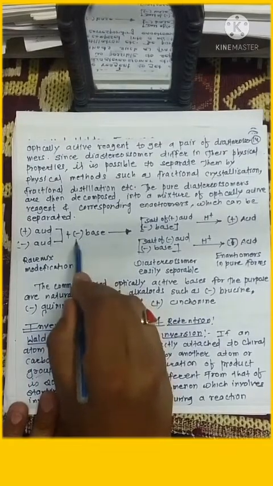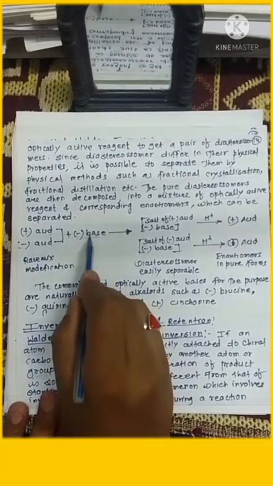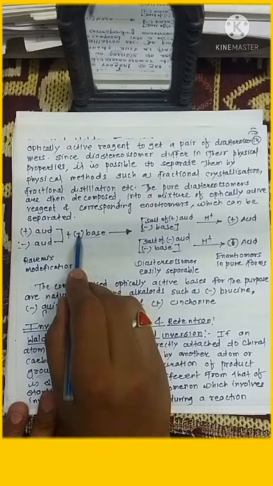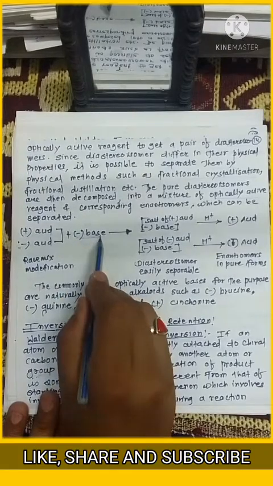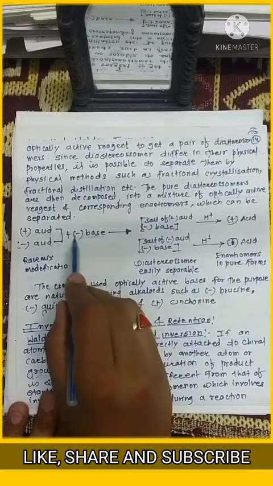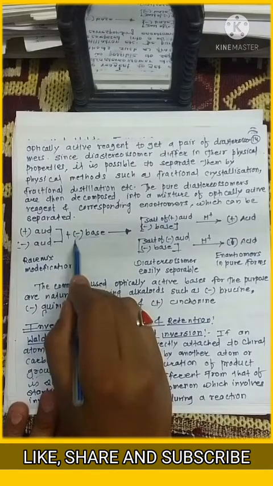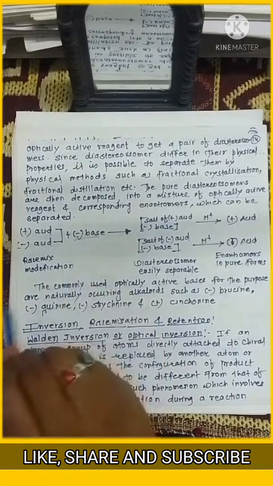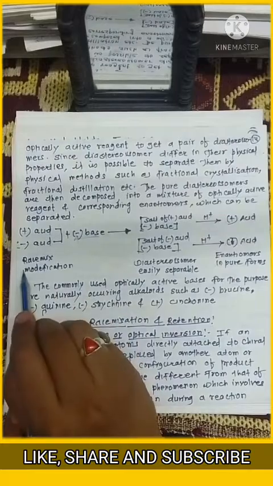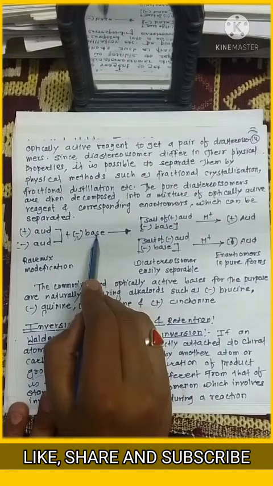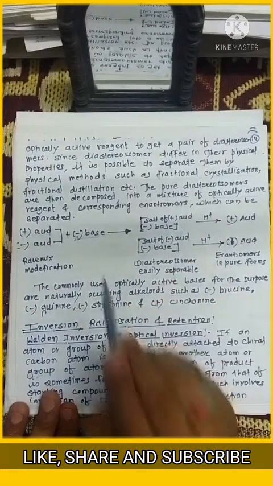When we add any optically active reagent, in this case we add a negative base, it means that this base is also optically active. So what is going to happen? We know that acid plus base gives us salt.